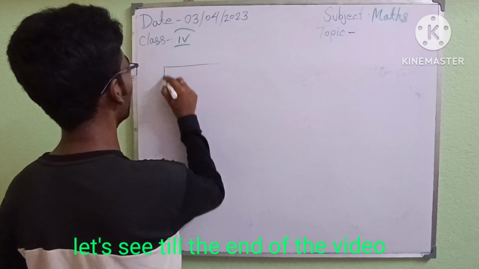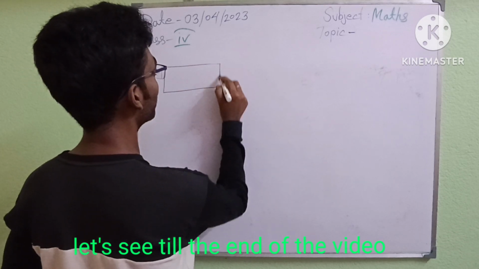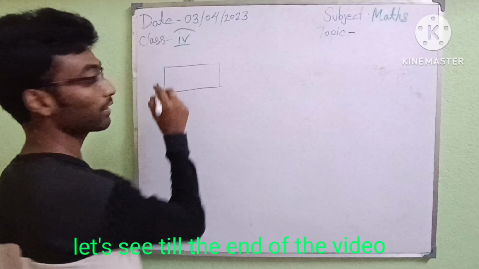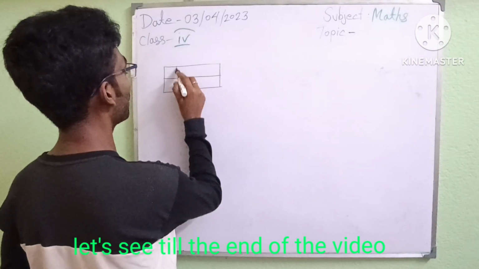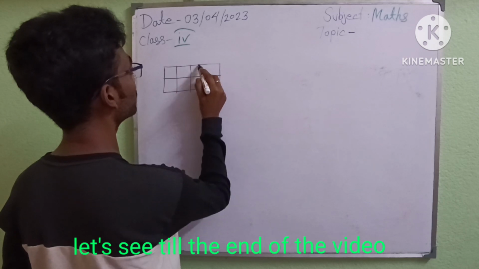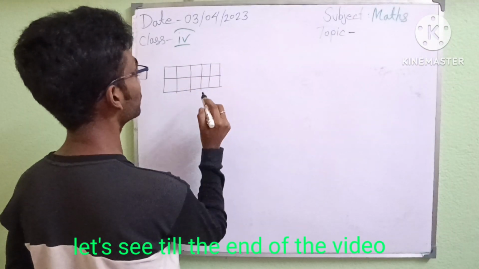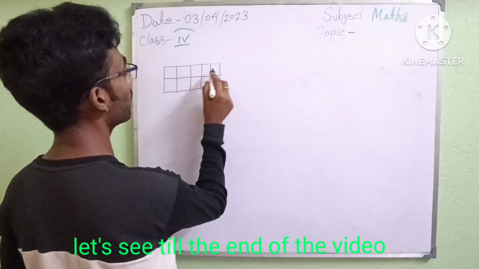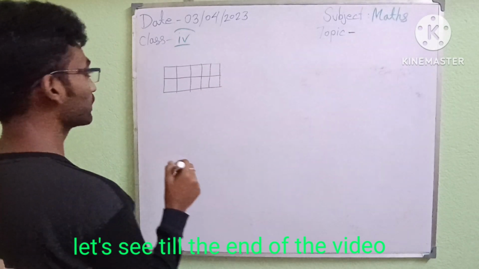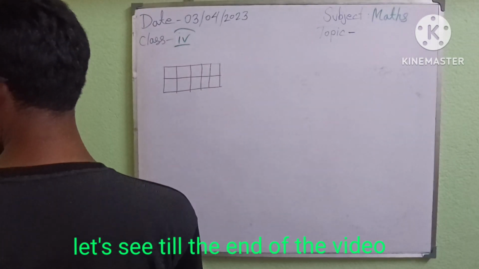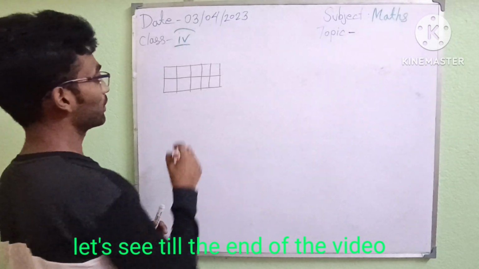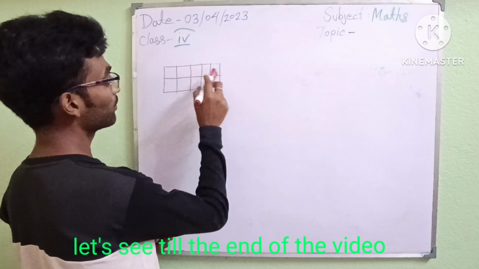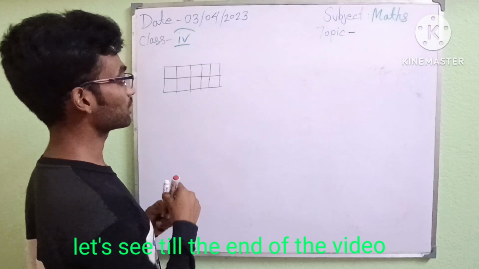If we think of the whole as a house, and we divide it into five equal parts, one, two, three, four, five equal parts, and just think, within it how many rooms are there? 5 plus 5, 10 rooms are there.